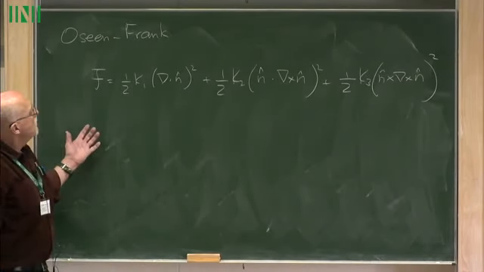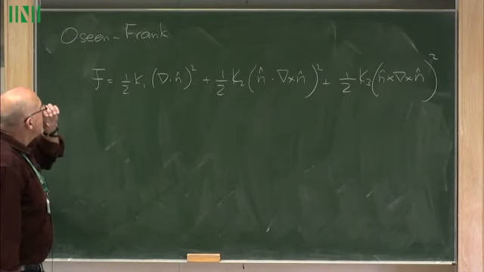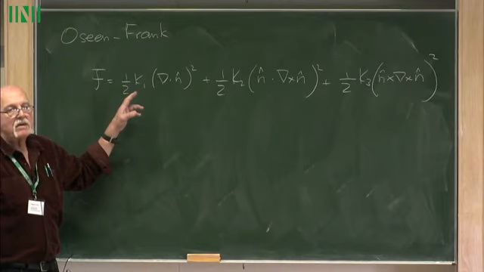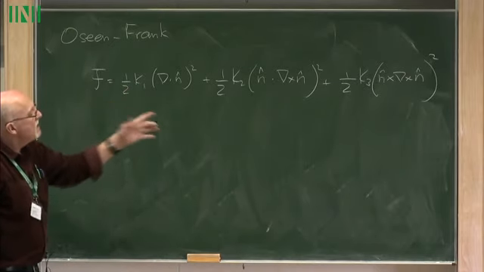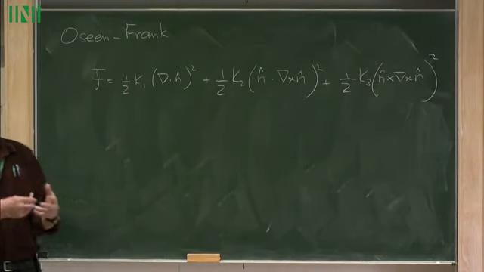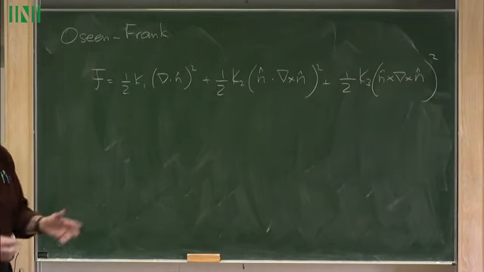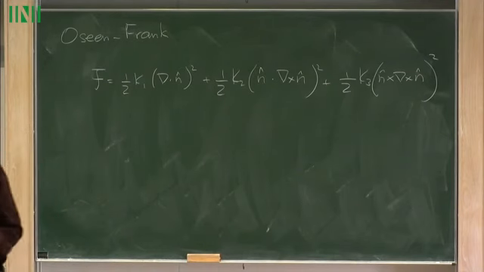And so now, how to calculate the Ks? That's an interesting question. Well, basically, one has to go back to the intermolecular interactions and see what happens when the director is varying in space. And people have done this, of course.